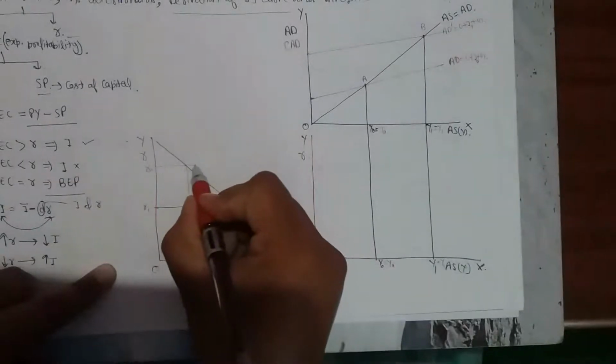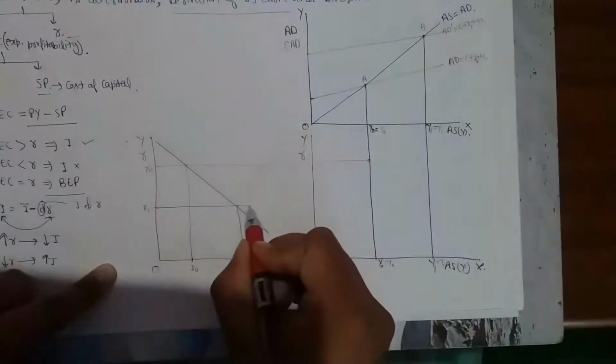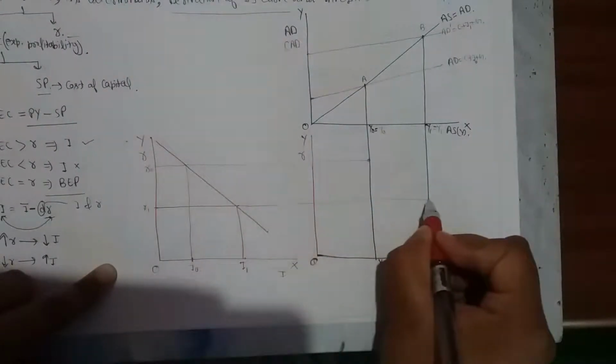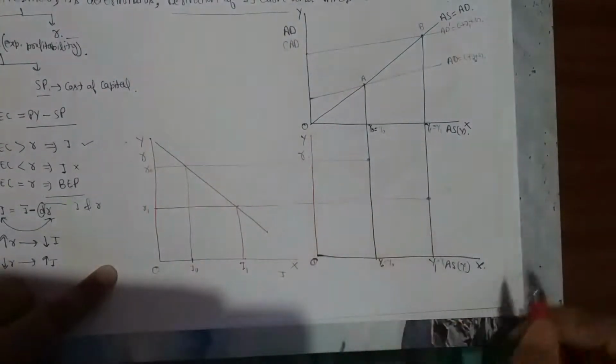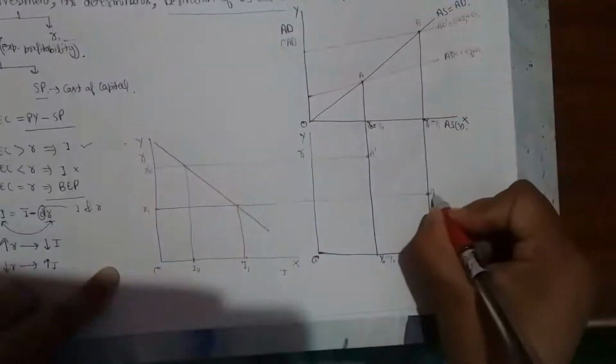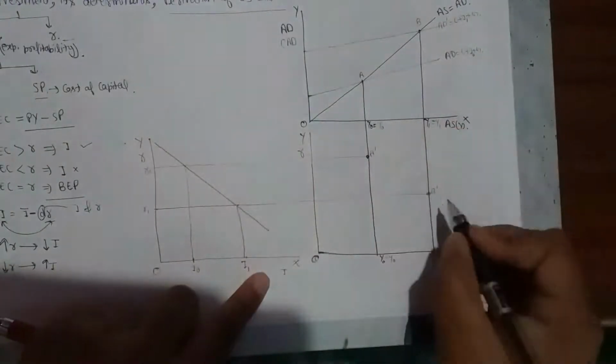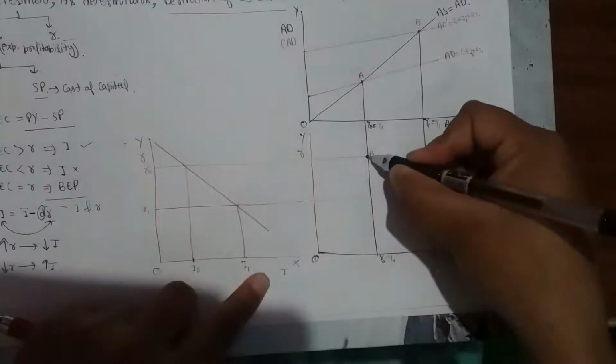Draw a line from here. This is the point and this is the point, A dash and B dash, and join these two points A dash and B dash.